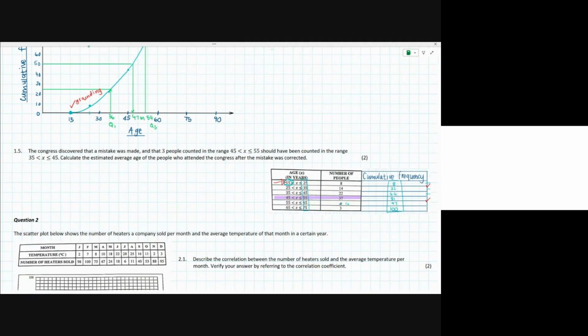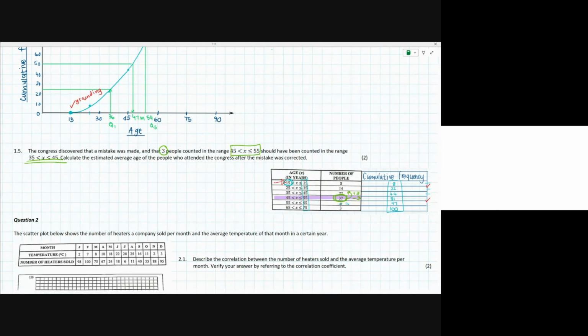They are saying that 3 people that were initially put into this interval should have actually been put into this interval. So we need to take 3 of these people of 37 and move them to the interval before. So we need to add 3 here and subtract 3 here. That's what that information is saying to us.